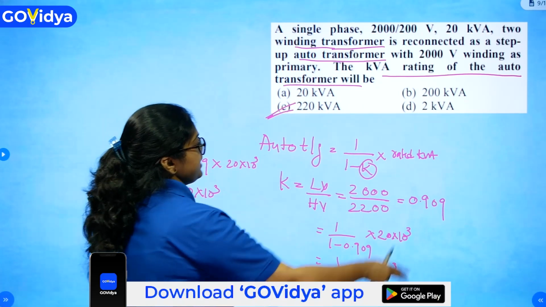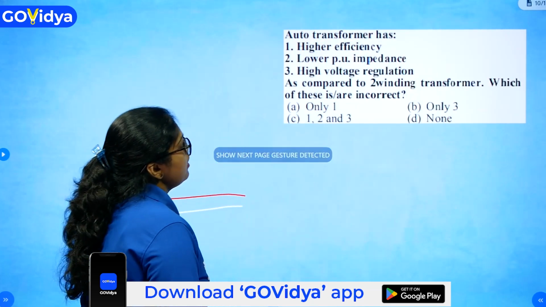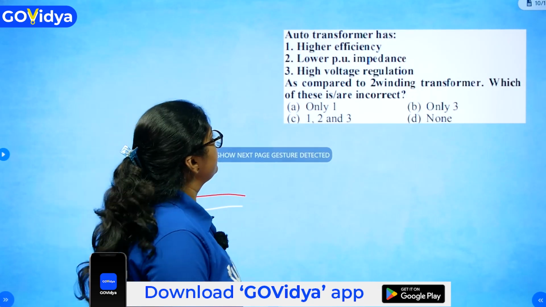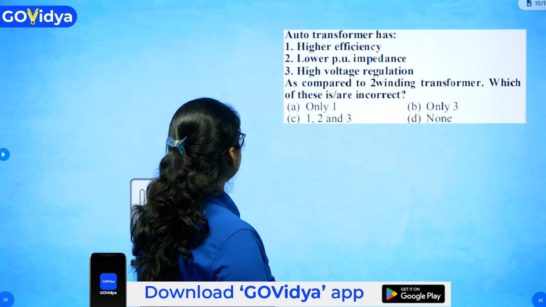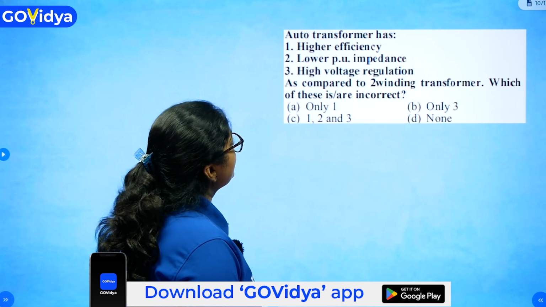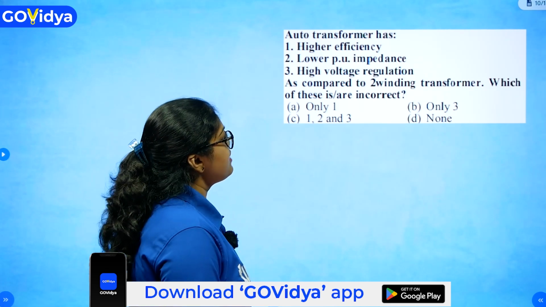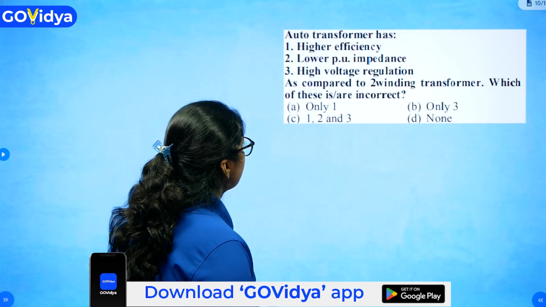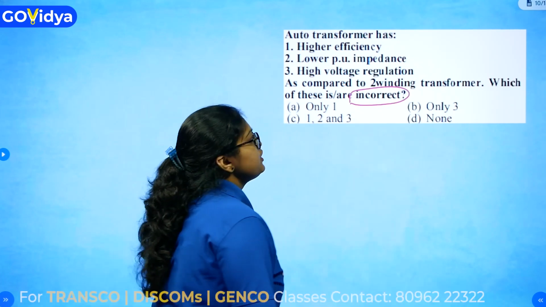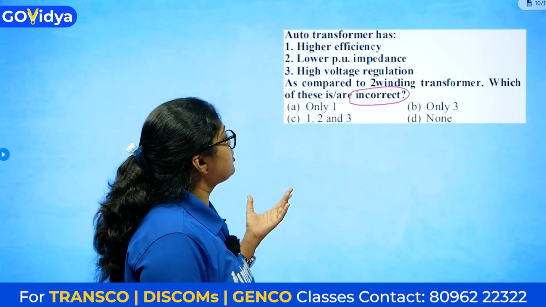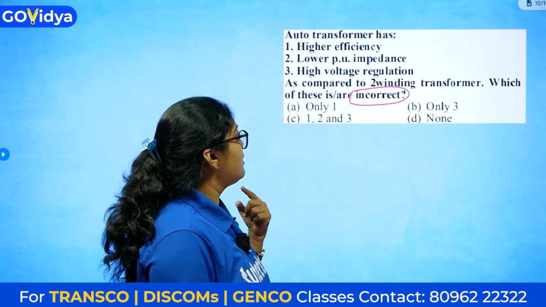Clear? The next question. An auto transformer has higher efficiency, lower per unit impedance, higher voltage regulation as compared to a two winding transformer. Which of these are incorrect? So comparing with the two winding transformer, which statement is wrong?